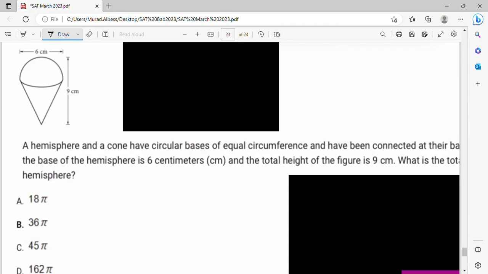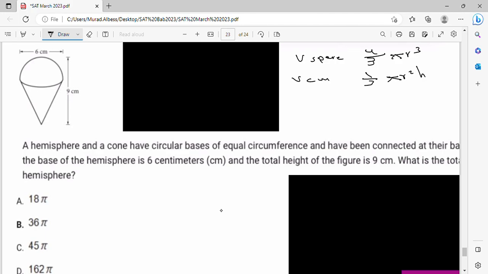Now, the volume for the sphere is 4 by 3 pi r cubed, and the volume for the cone is 1/3 pi r squared h.